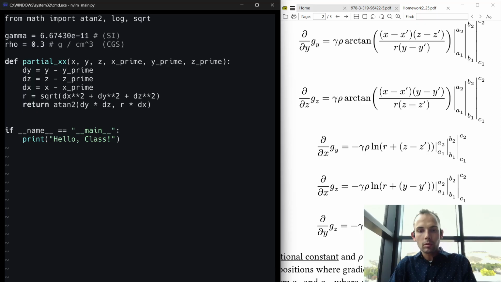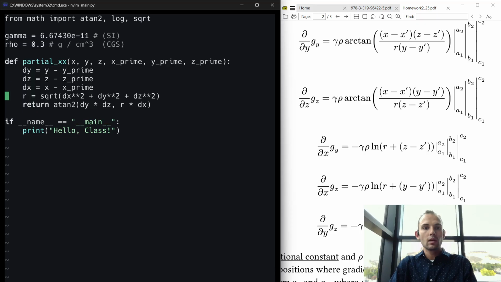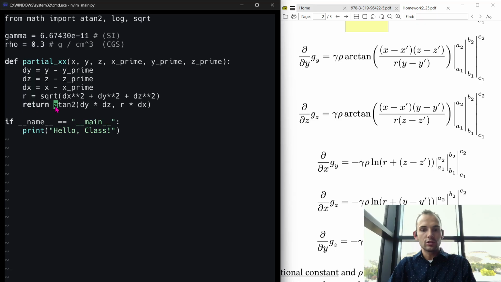I already made a typo. Okay, but anyway, here's the partial of x. And I guess I should multiply by these constants since we're here. Or maybe these should be arguments to a function.